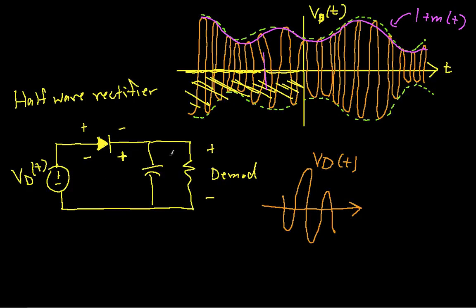So if the red represents the capacitor voltage, it charges up until it gets up to this point, right up here at the peak of the waveform.